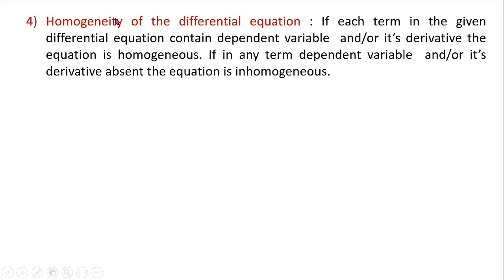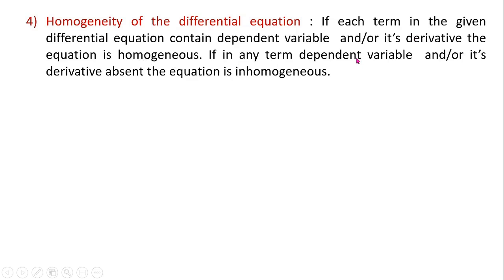The next term which describes the differential equation is homogeneity of the differential equation. The condition is: if each term in the given differential equation contains the dependent variable and/or its derivative, the equation is homogeneous.